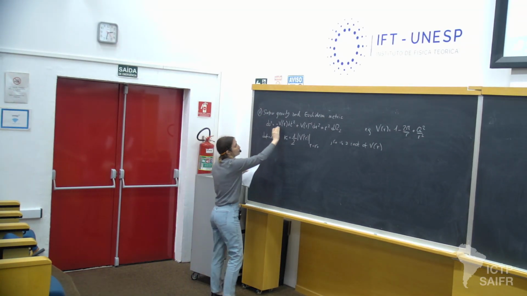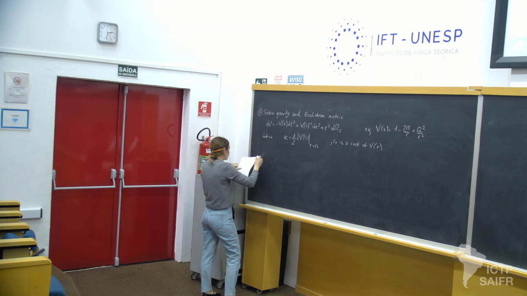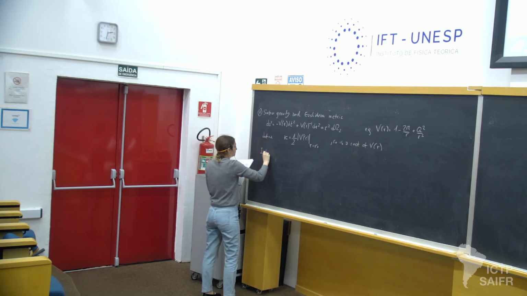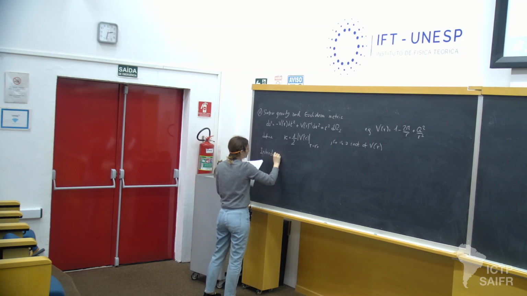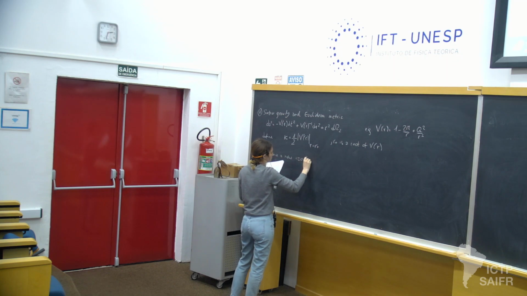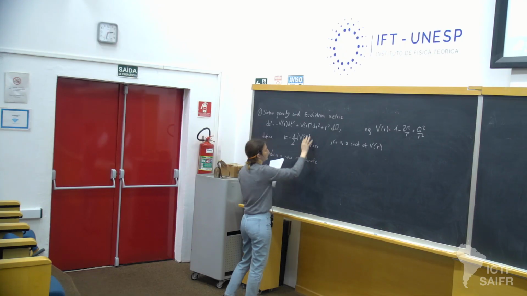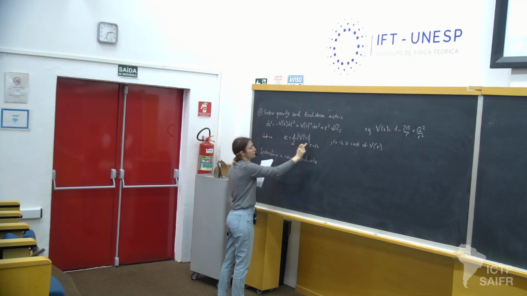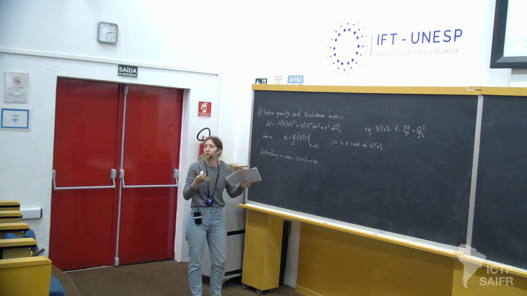So you take this metric and change the coordinate, introducing a new coordinate. You evaluate the derivative at R equals R plus, which in this case is a number.